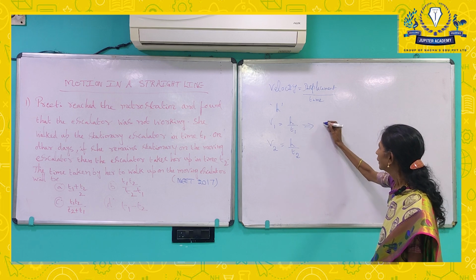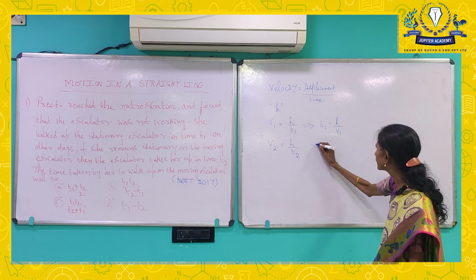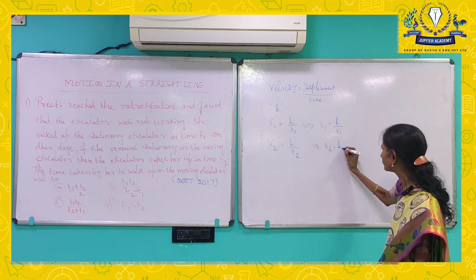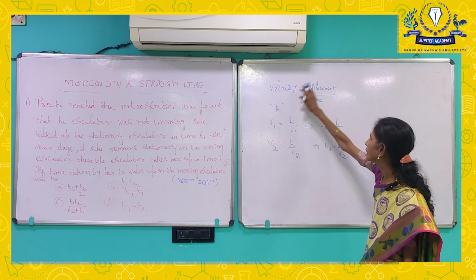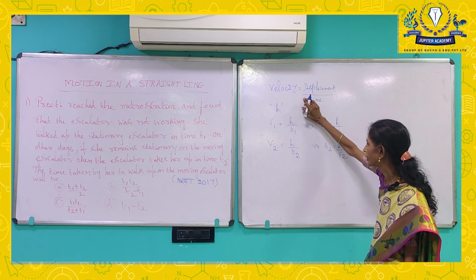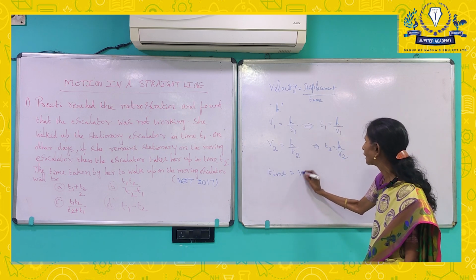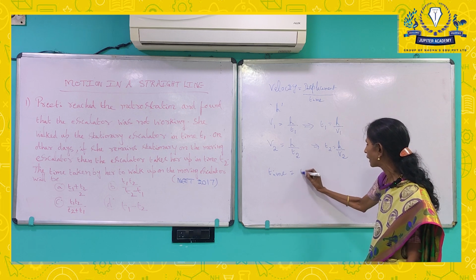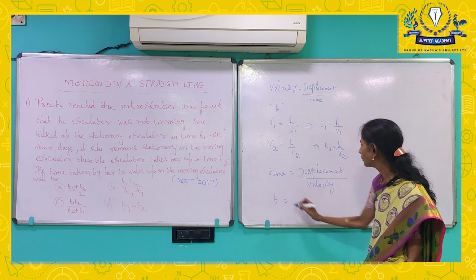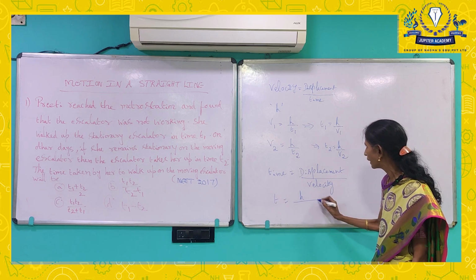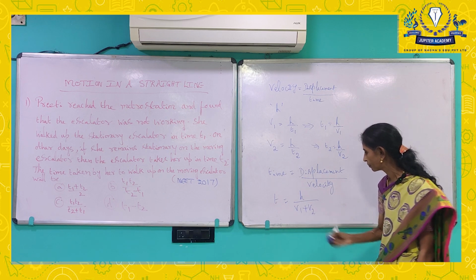So that t1 is equal to h by v1 and t2 is equal to h by v2. From this formula we know time equal to displacement by velocity. So we want to calculate time. So t is equal to displacement divided by velocity, h by v1 plus v2.